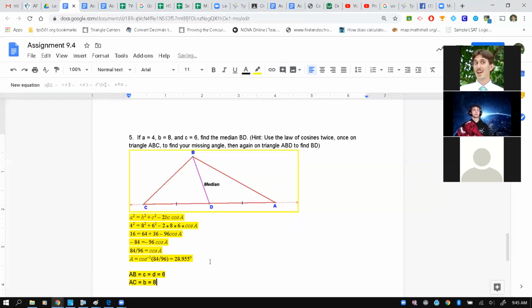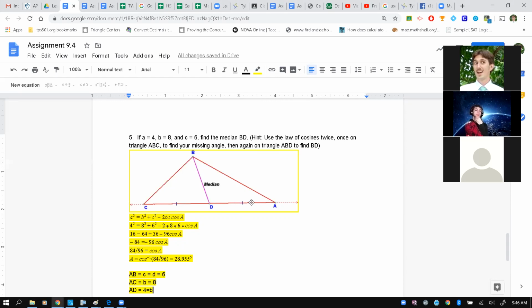I wish I could just write. This notation doesn't. AD is going to be 4 then. If AC is 8, then AD is 4, because this is a median, which means D is a midpoint. And that's the same thing as side B in our little triangle here, right? We just label it based on the opposite vertex.